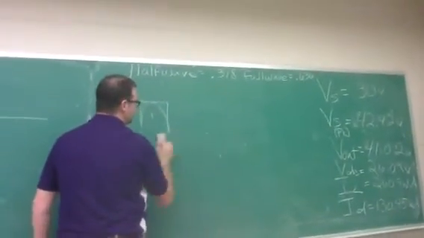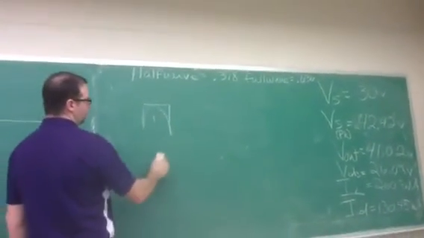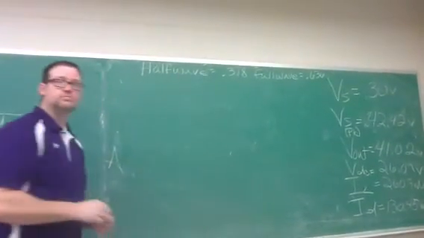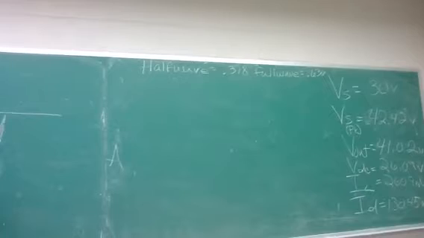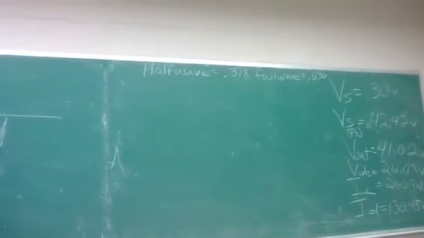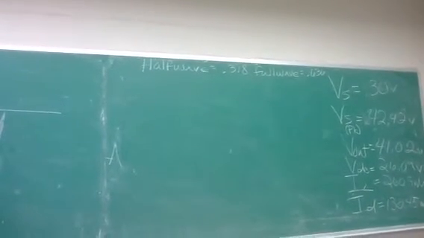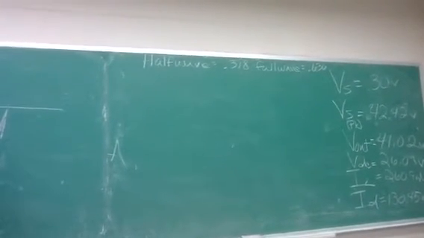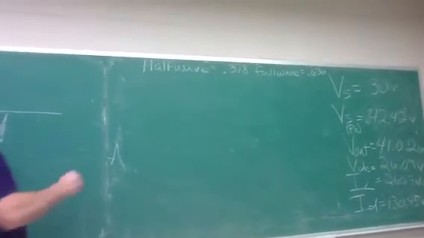If we're not, we're only taking advantage of one side of the waveform. And the only time you divide it by 2 to get your VS or VS peak, I can't remember, is if it's center tapped. You don't do it on the full wave bridge.